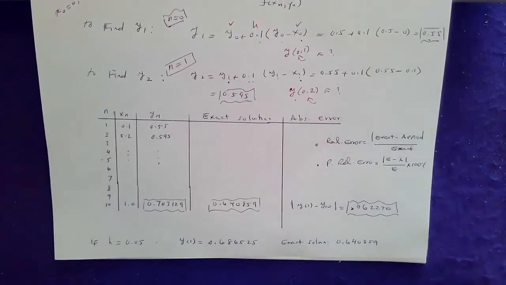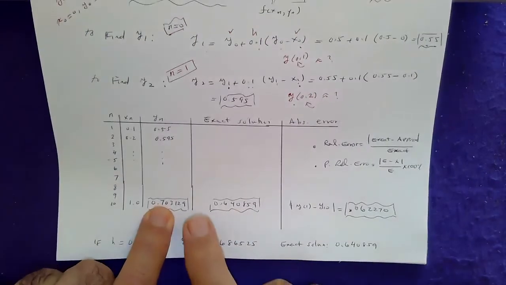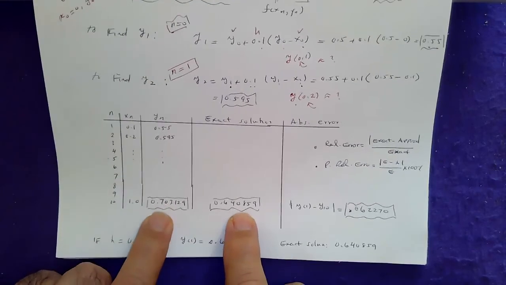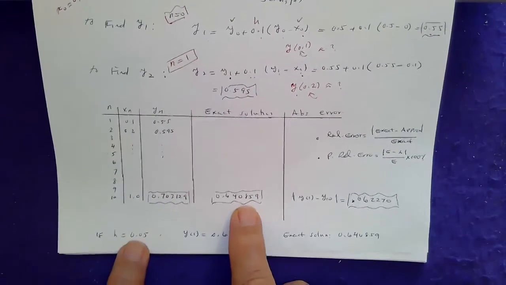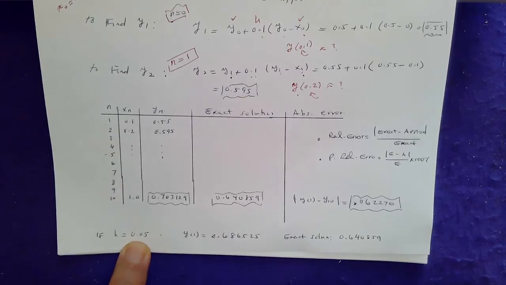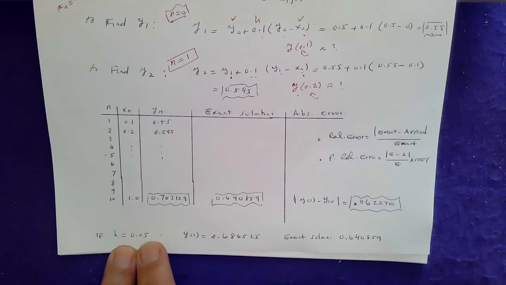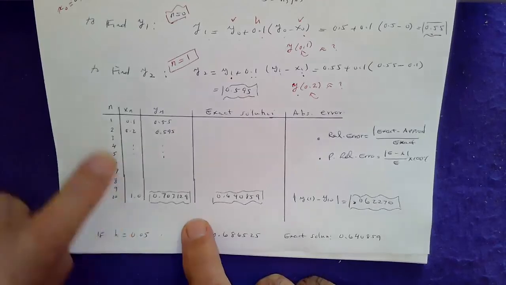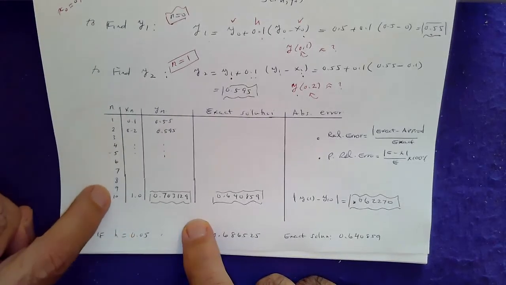So the question is, how do we improve this? Because notice it's not quite the same as this. One way is to decrease your step size. Instead of 0.1, take 0.05. Or instead of 0.05, take 0.005, and so on and so forth. So two factors improve this. Either you decrease your step size or increase your n.